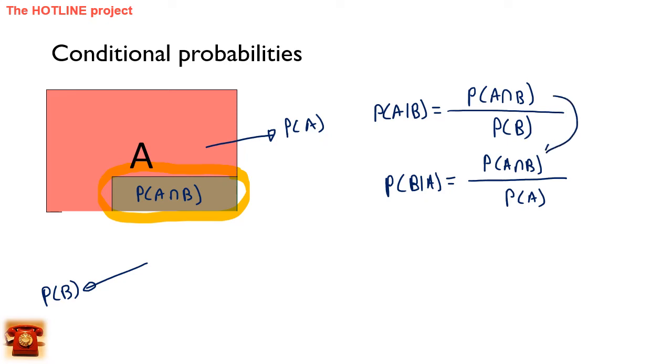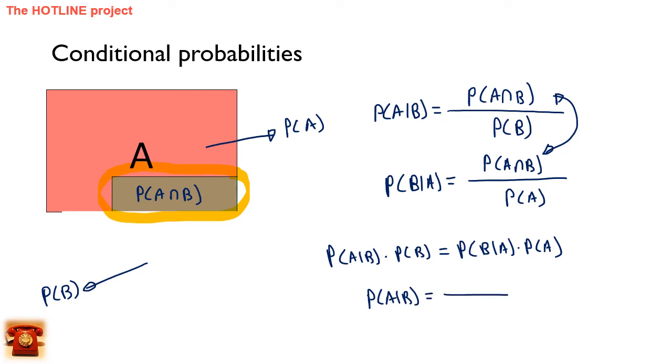These two are equal, so we can write P(A given B) times the probability of B is equal to P(B given A) times P(A), or that P(A given B) equals the probability of B given A times P(A) divided by P(B).